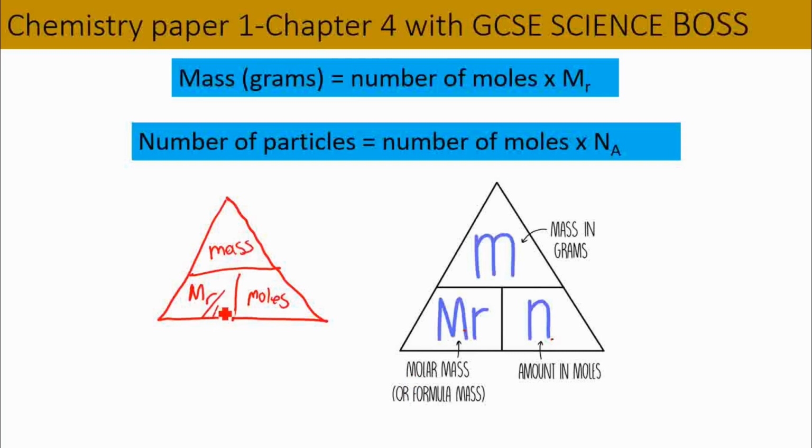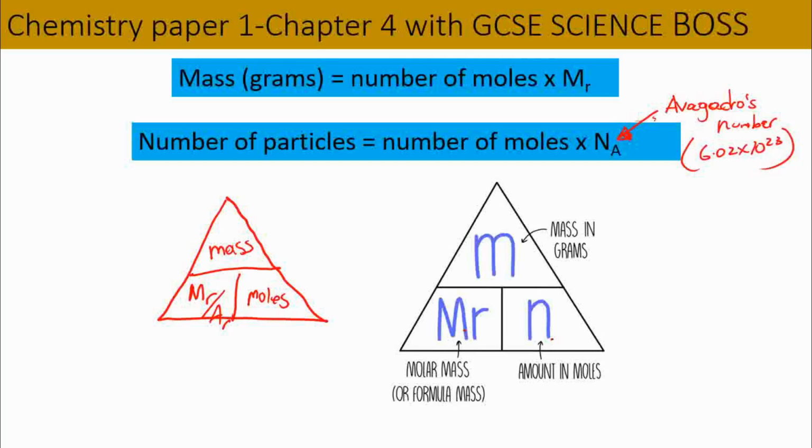That's what I use to remember it. The MR or AR, depending on what the question is asking. And also, the number of particles is equal to the number of moles times Avogadro's number. Those are the two equations that you need to know. What do I mean by Avogadro's number? Avogadro's number is 6.02 times 10 raised to the 23rd.